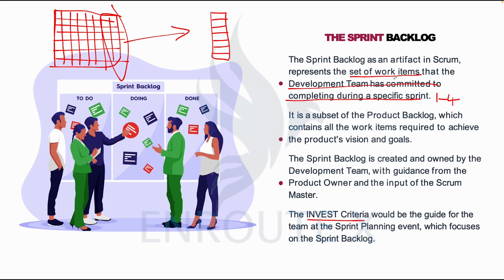So the sprint backlog represents the work the development team, those are the developers, has committed to completing during the cycle of a sprint. We have a good understanding of that again.